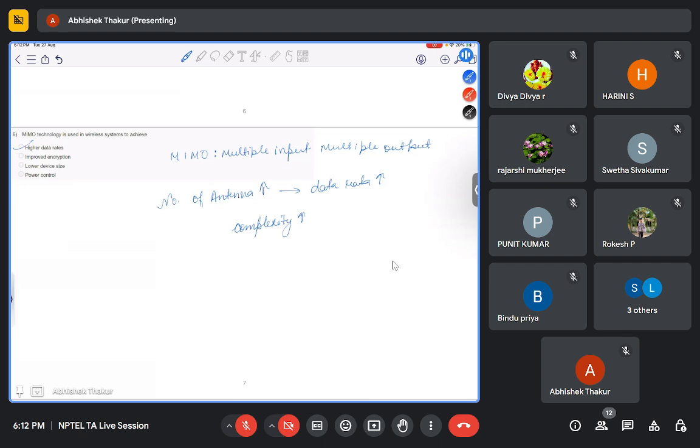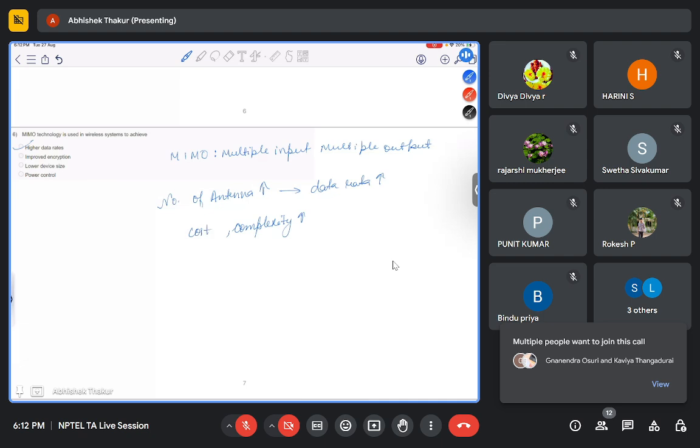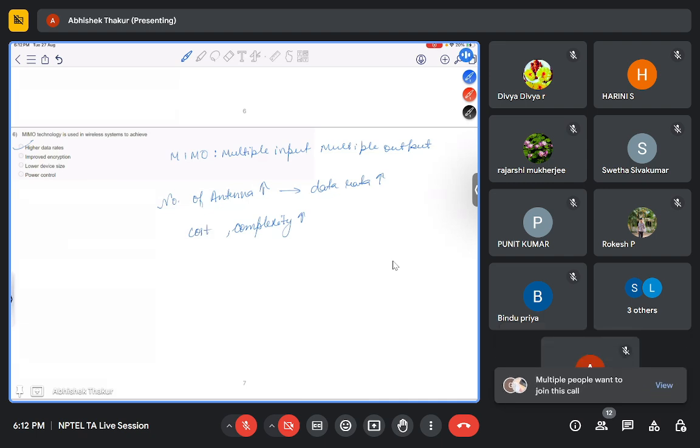Once you increase the number of antennas, the computational complexity and the cost of deployment, these two will increase. That's why we have some limitation. So it should always be an optimal number.